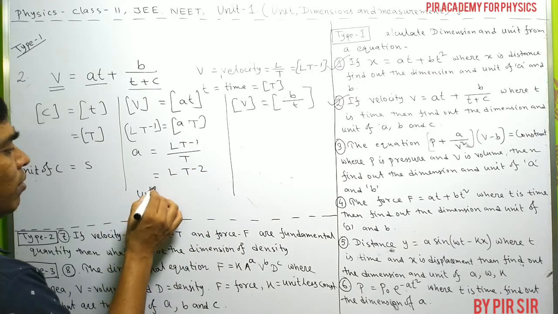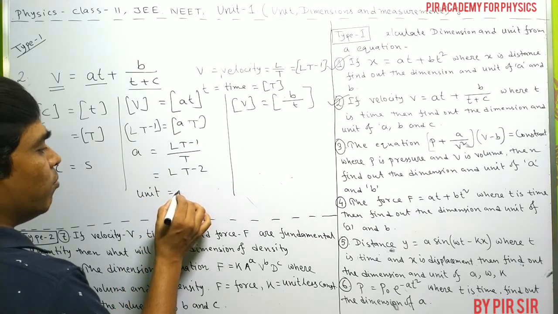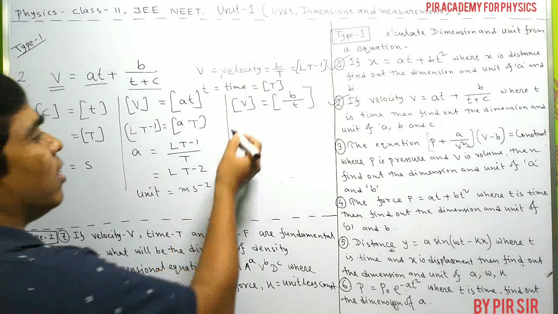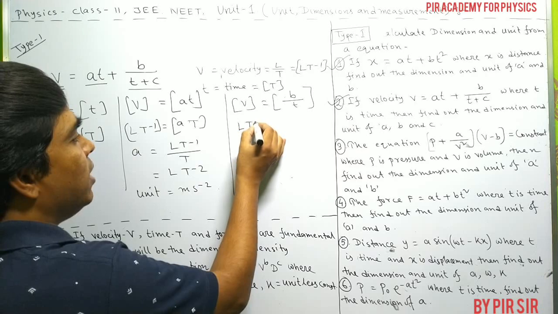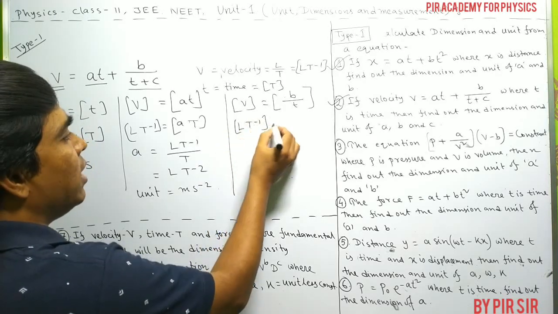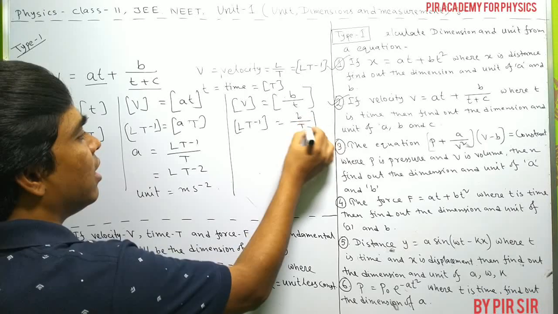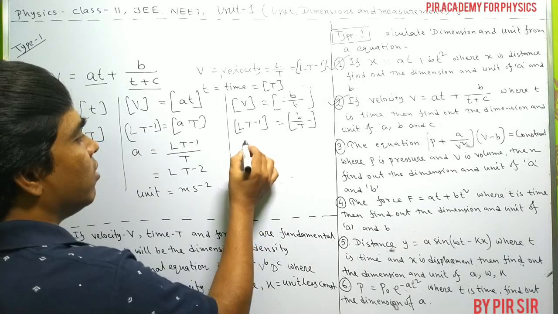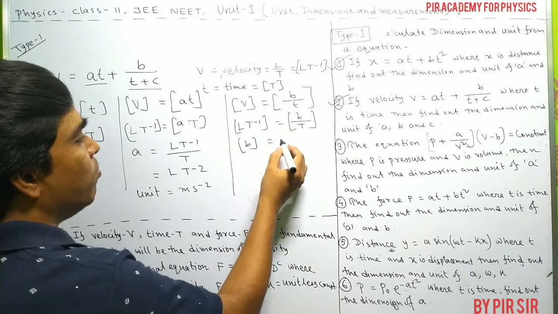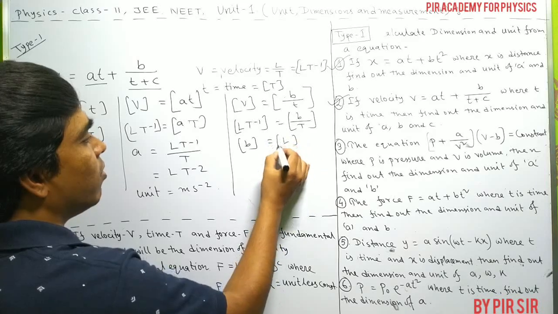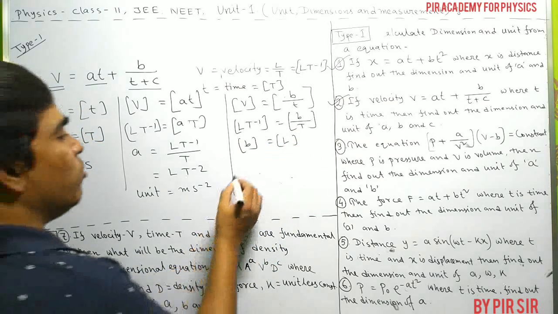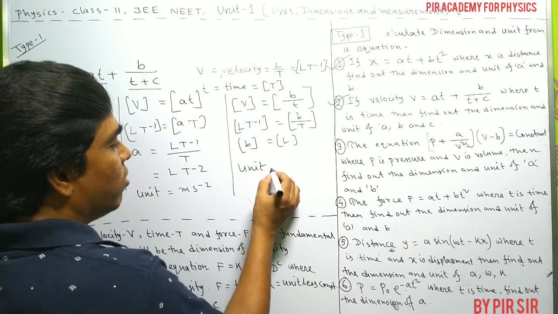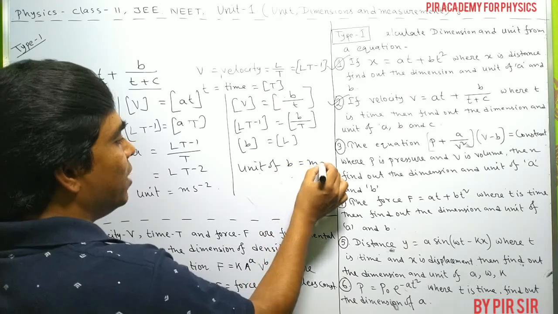That means the unit will be meter second inverse 2. And here the dimension of V equals L T to the power minus 1, and B is unknown, here is T, another T, and L T to the power minus 1 equals, that means the dimension of B equals L. Because T and T cancel out, the unit of B is meter.